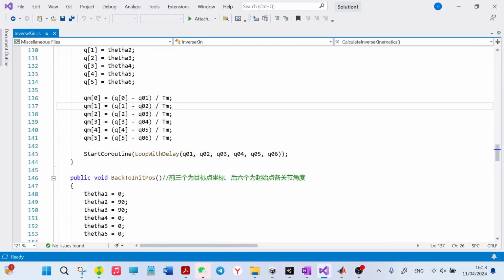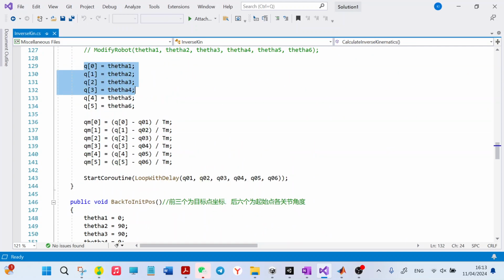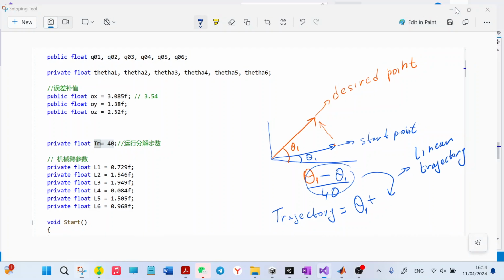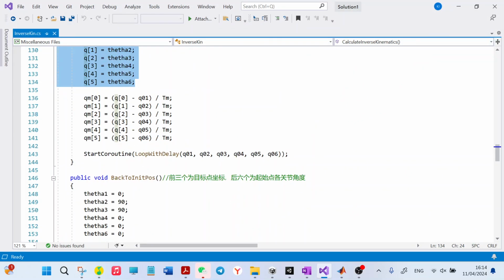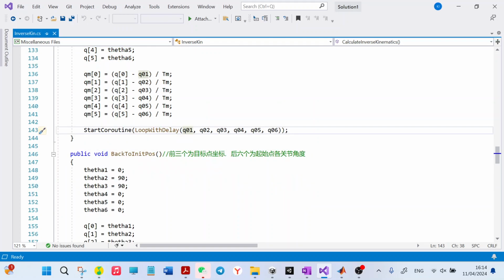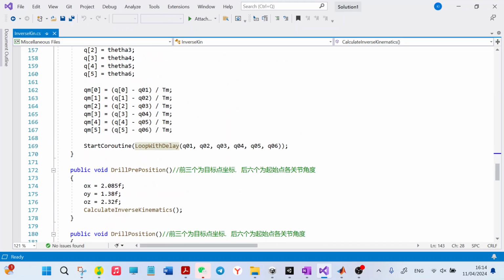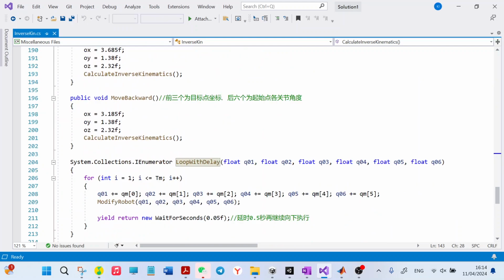This is initial, and this is the angle we just found with inverse kinematics. So we take the difference between these two angles to calculate the linear trajectory. And we start this coroutine, which is called loop with delay.